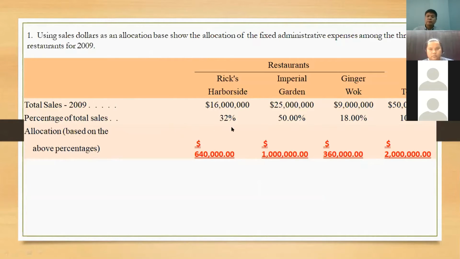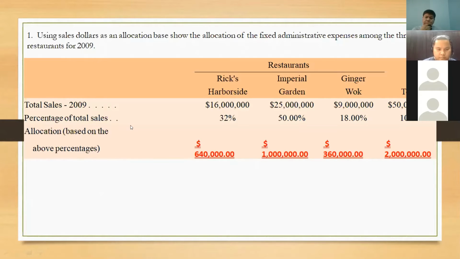So 32% of the $2 million is 640. Because Imperial Garden increased, it becomes 50%, so that is 1 million. Then Ginger Walk is 360. Then the total is $2 million.